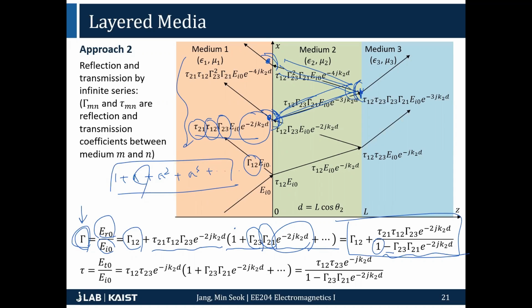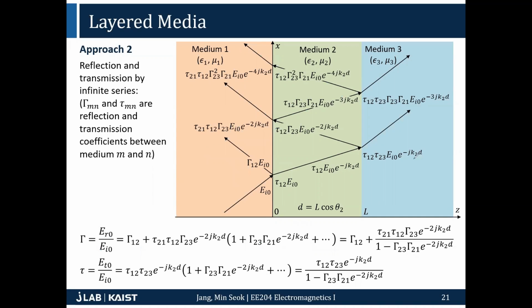And similarly, for tau, the first transmission is this: tau 1,2, tau 2,3, and then one propagation. And then the difference between the first component and the second component is that the second component has one more reflection here, and another reflection here, and two more propagation, right?